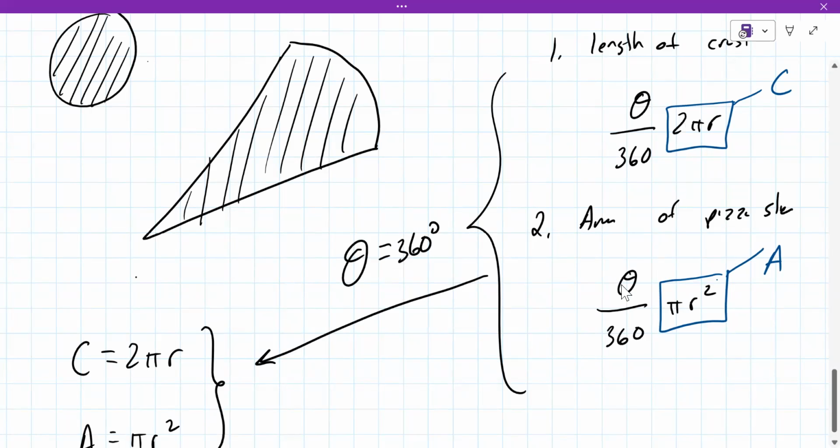When the angle is 360 over 360, it just becomes pi r squared. Okay. All right, so let's just continue on with that part.